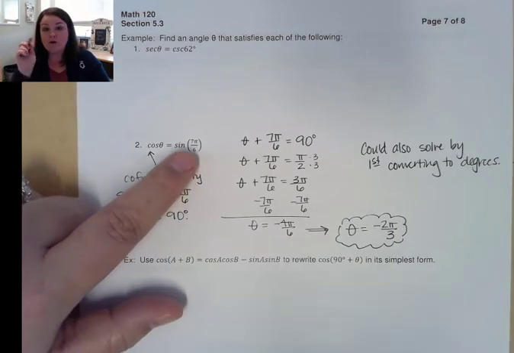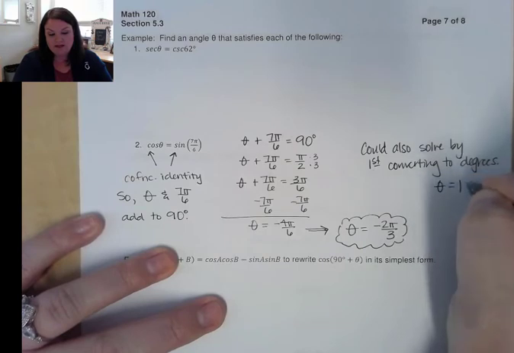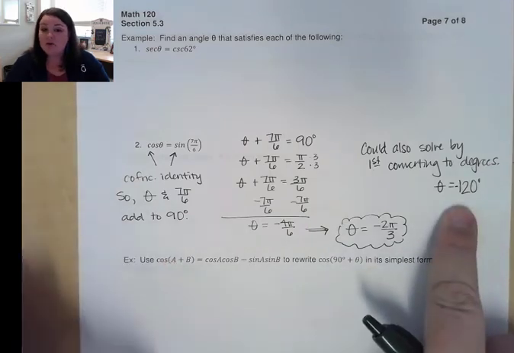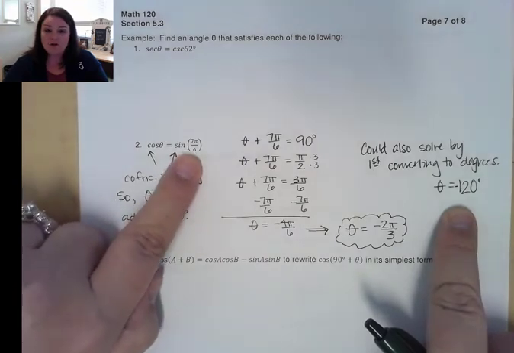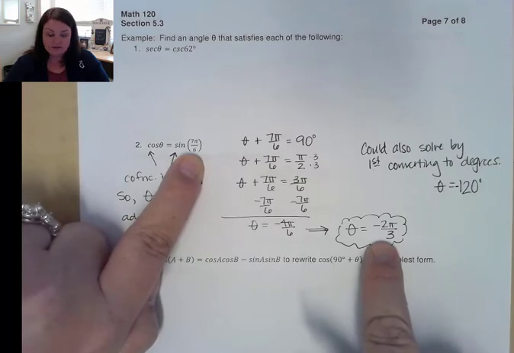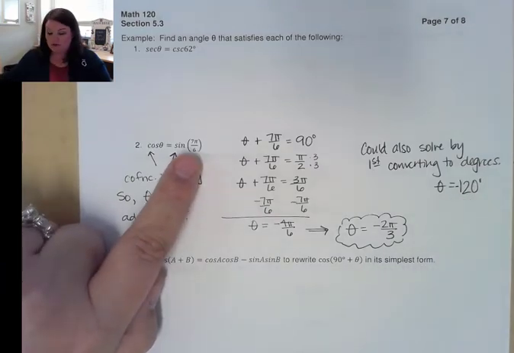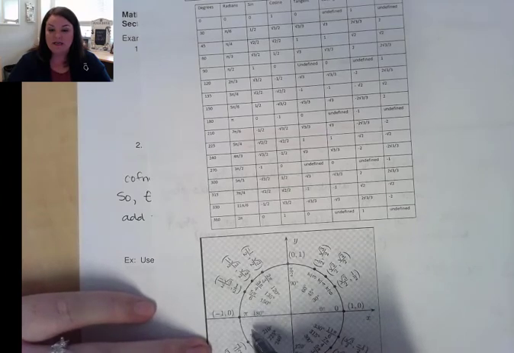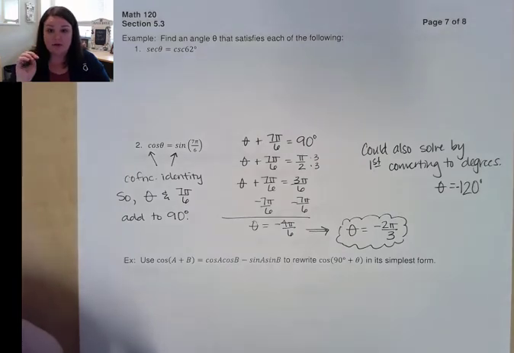But I will warn you, on my math lab, if you did convert it to degrees, you would have gotten theta is equal to negative 120 degrees, which would not be incorrect, but on my math lab, if they give you a problem with a radian measure, most likely they're going to want you to enter your answer with a radian measure. So if you change it to degrees, make sure once you have your answer, you can use the unit circle to go from negative 120 degrees and end up back at negative 2 pi over 3.